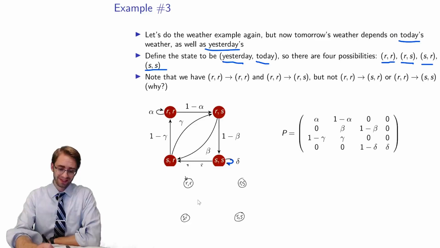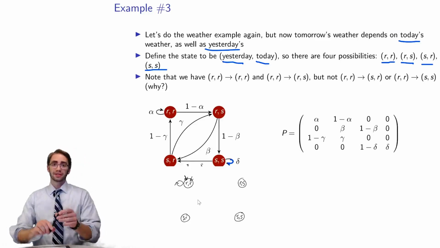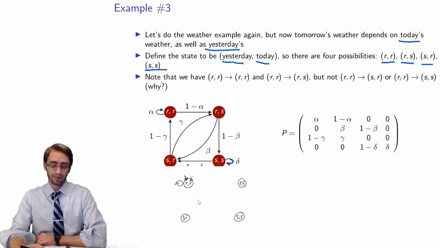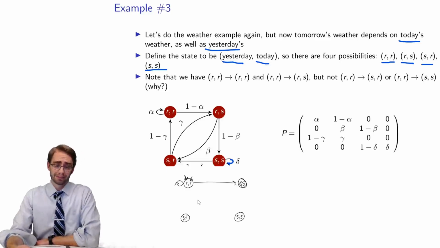So if it's been rain yesterday and now rain today, and we want to know what the state will look like tomorrow, what are the possibilities? Well, it might rain tomorrow, in which case you just stay in the same state, or it might be sunny tomorrow. And if it's sunny tomorrow, then you'd find yourself in this state over here, R, comma, S.